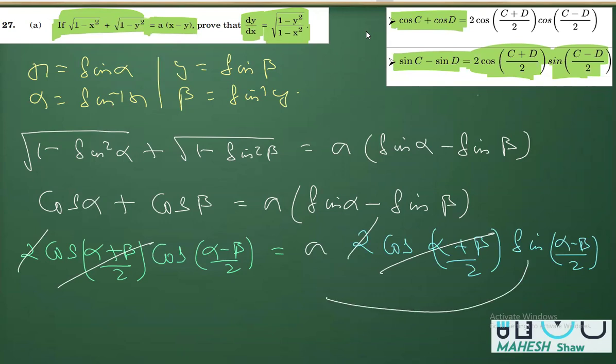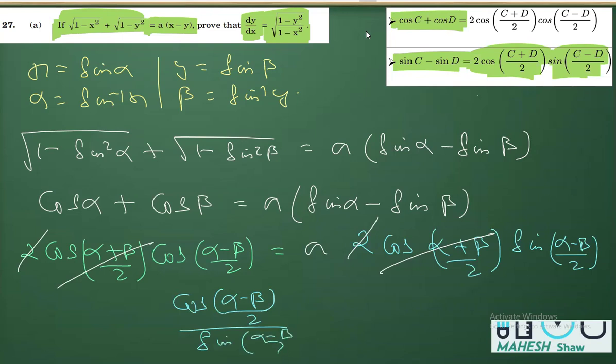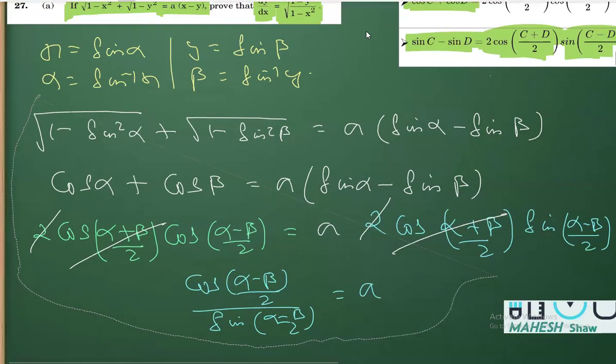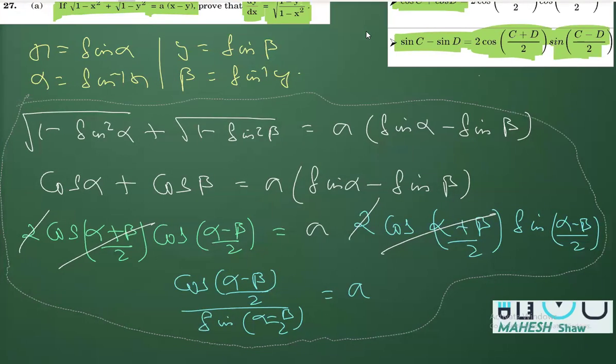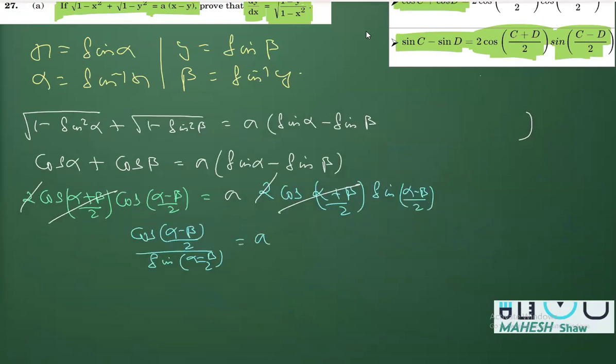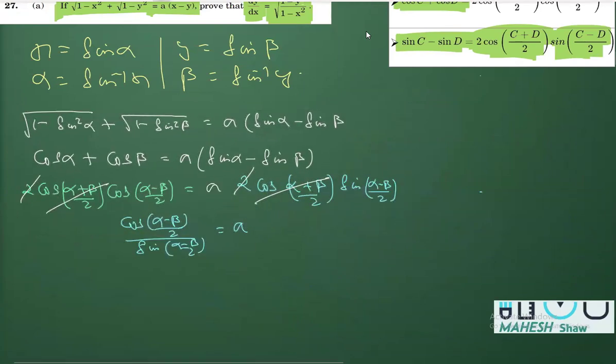If I transpose this to the left-hand side, what we get here is cos over sine. So we get cos alpha minus beta by 2 divided by sine alpha minus beta over 2, and that is equal to a. Now this is cos over sine.